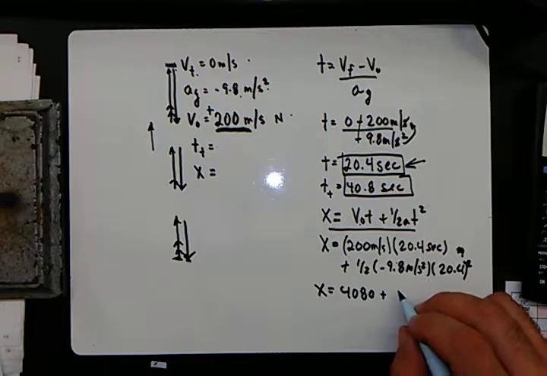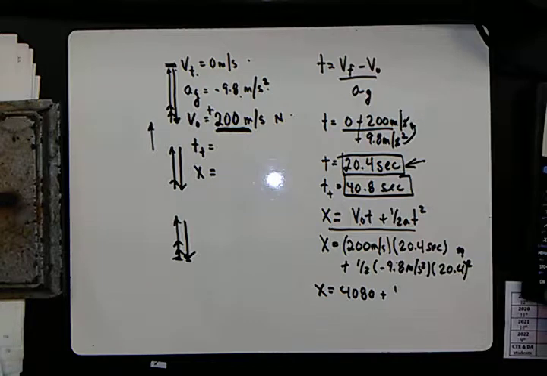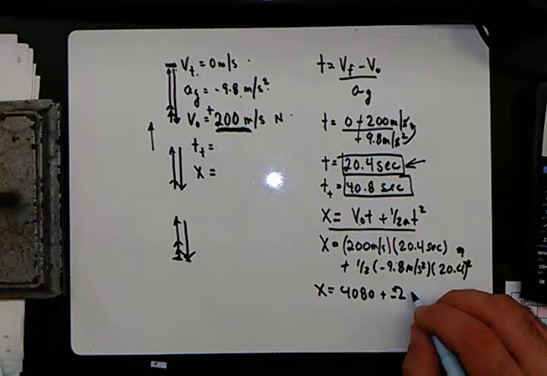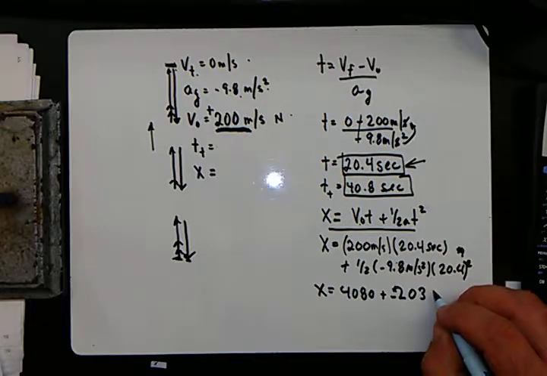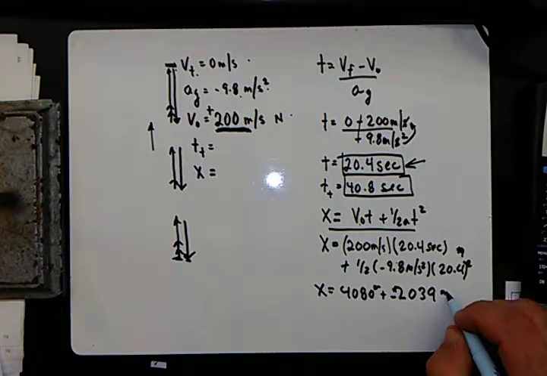And then plus, half a t squared, so 0.5 times negative 9.8 times 20.4 to the second power. It's subtracting 2,039 meters.